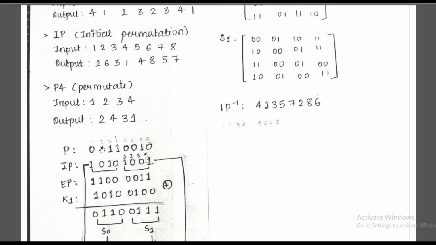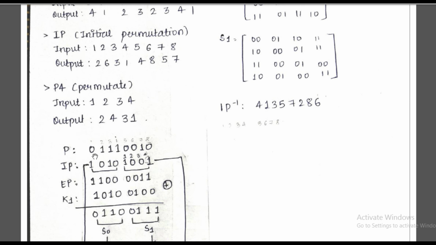Second is 1, so 1 will come first, then 6th bit 0, then 3rd bit is 1, and then the first bit, 0. So the first 4 digits are formed. Next we need to find the last 4 digits, 4 8 5 7. Here 4 is 1, then 8 is 0, then 5 is 0, and then 7 is 1.